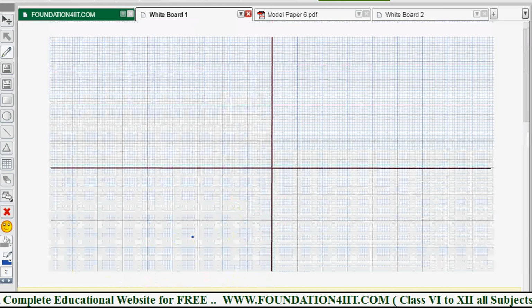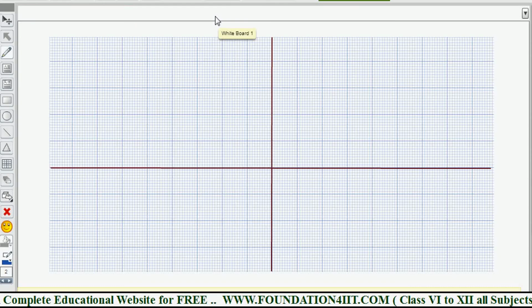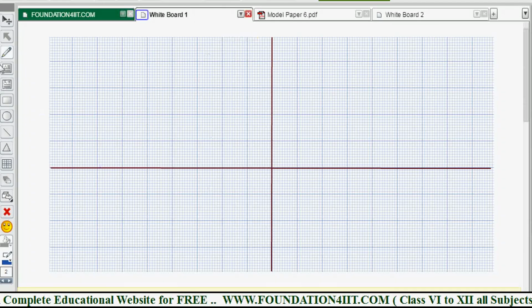Now we'll solve the problems as given. So this is A, 2 comma 3. The coordinates of A double dash, which is A under reflection in the y-axis. So let's plot the points first. 0, 1, 2, 3, 4, 5, 6.